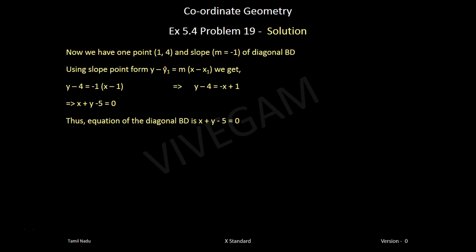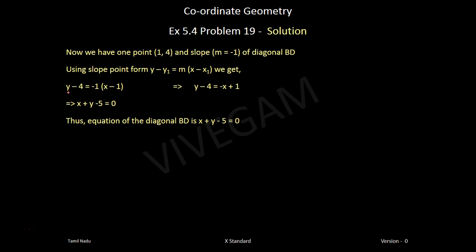Substitute that in the slope-point form. y minus y1 equal to m into x minus x1. The point, this is x1, y1, slope m equal to -1. So this equation will become y minus 4 equal to -1 into x minus 1, right?